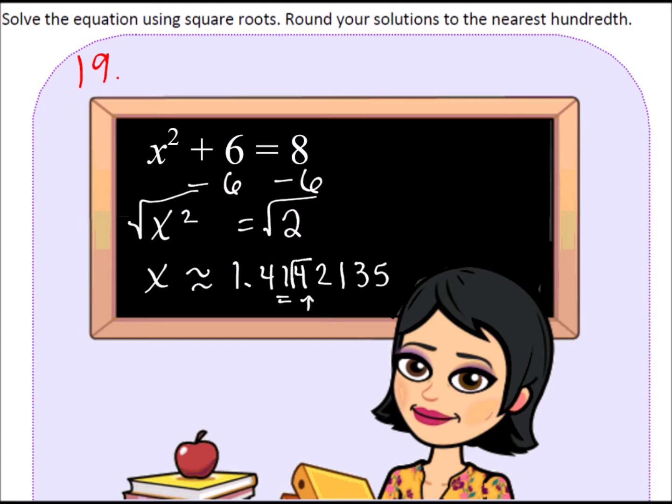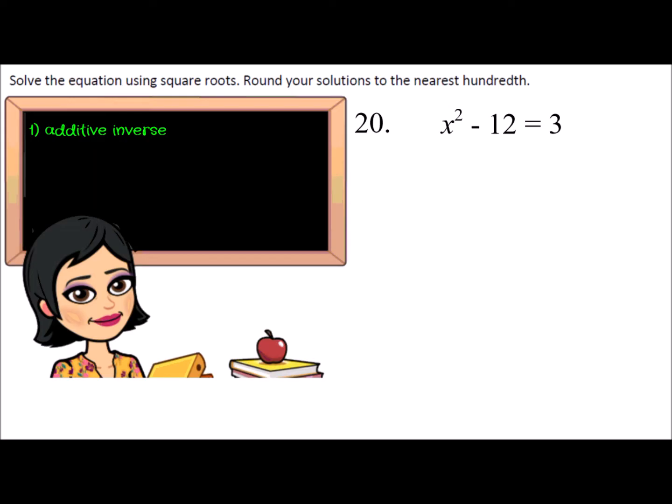If the 4 was 5 or greater, then we would have to round the 1 into a 2, but because it's a 4, so anything between 0 and 4, the value stays the same. So we're going to round our solution to be, and remember it's plus or minus, 1.41.